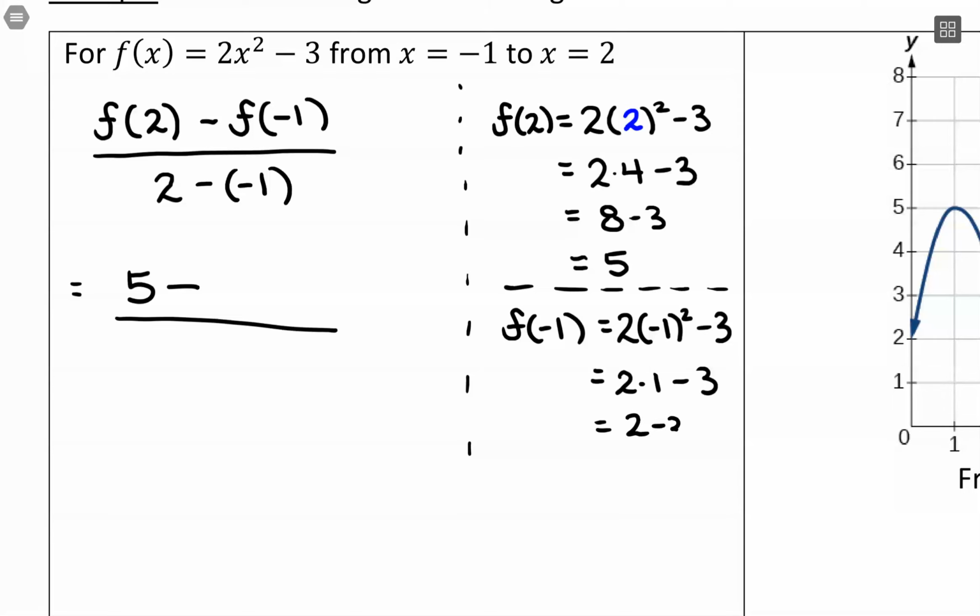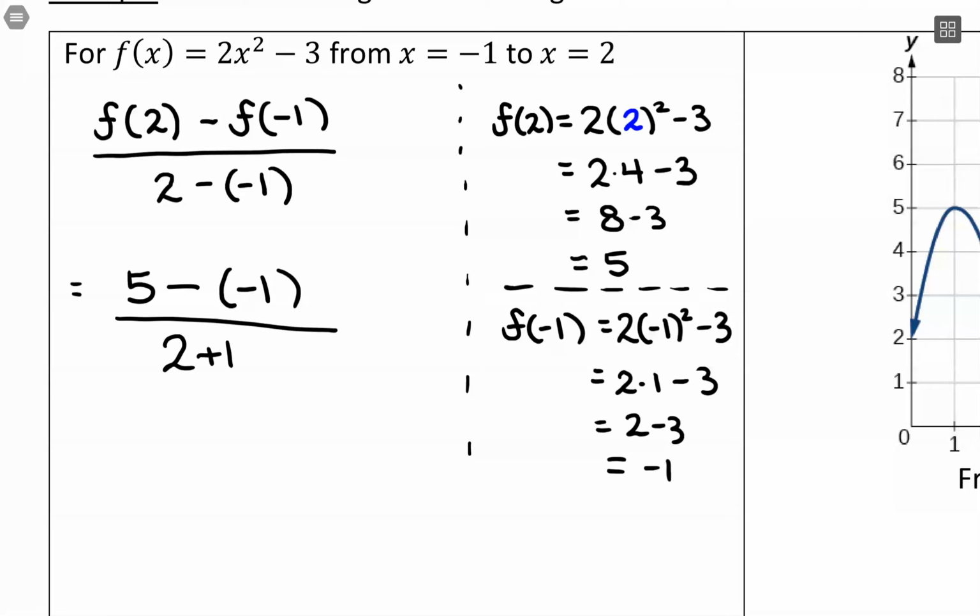So 2 minus 3, which is negative 1. So where I have that f of negative 1 notation, that's being completely replaced by negative 1. And then the denominator, I have this 2 minus negative 1, which is the same thing as 2 plus 1.